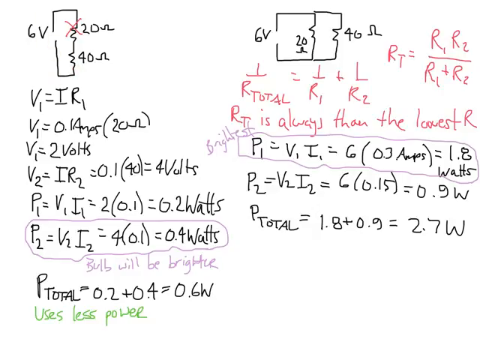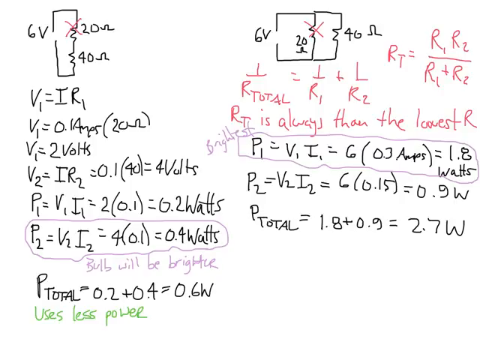Whereas in this case, over here, if we were to remove that, say it blows out, well, there's still a path for the current, and everything else is still lit. Just that one is gone, right? So the series circuit does use a little less power, but it's not as robust, perhaps.